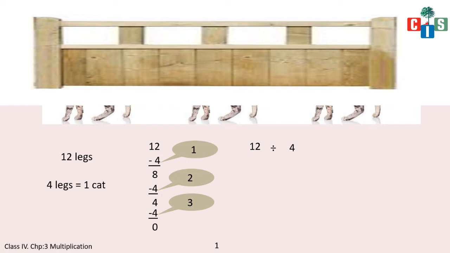As there is addition, subtraction, multiplication, likewise the other mathematical operation you can see is division. I know you have studied it in your previous standard, but let's revise the concept and then move further. So 12 divided by 4 will give me 3, that is 3 cats.